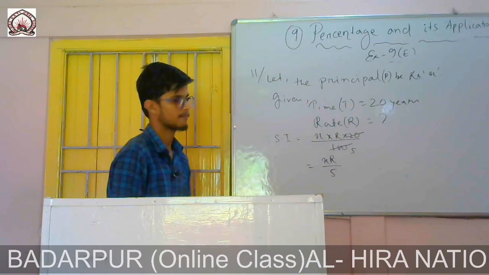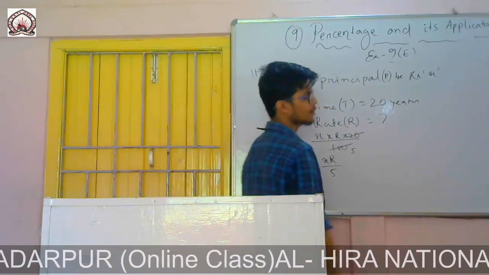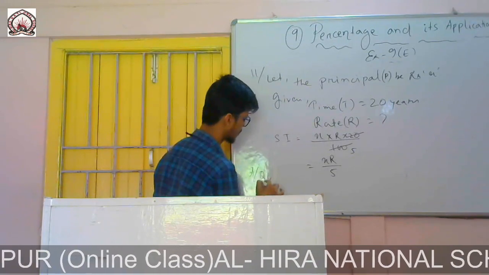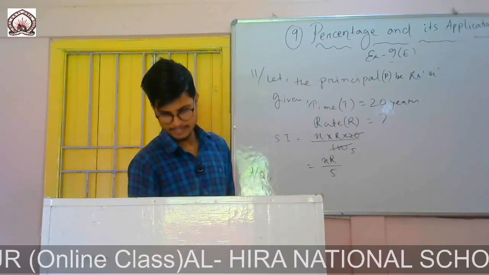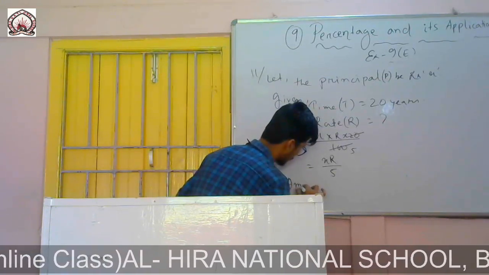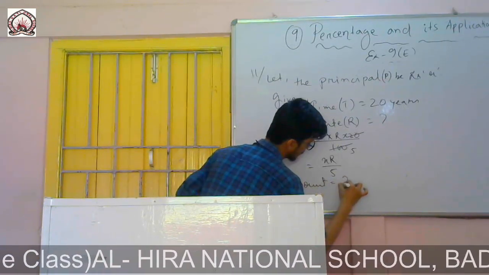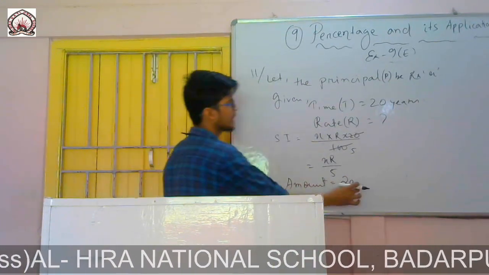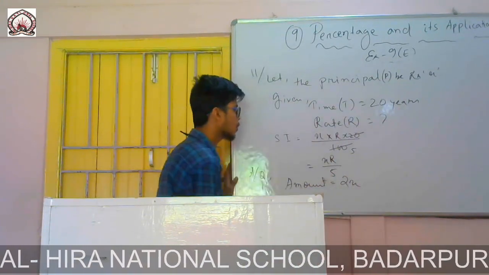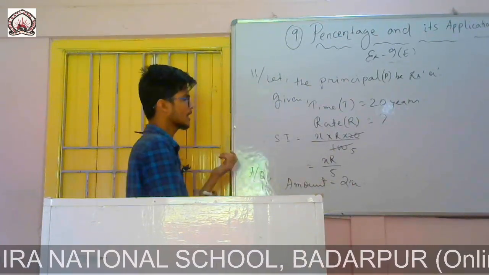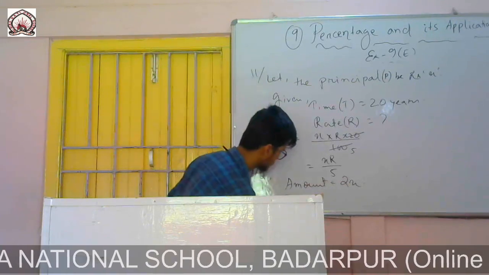XR by 5. So it is given in the question that the amount will be double. Principal is X. That means amount will be 2X. And we know the formula of amount is principal plus SI.